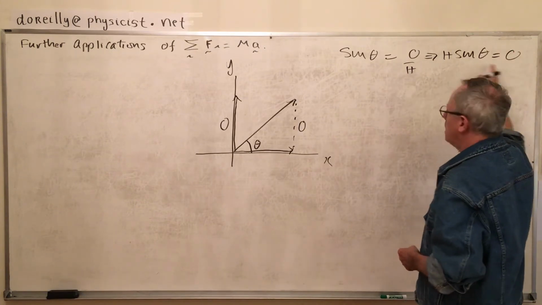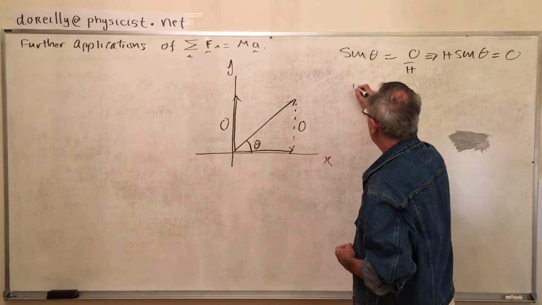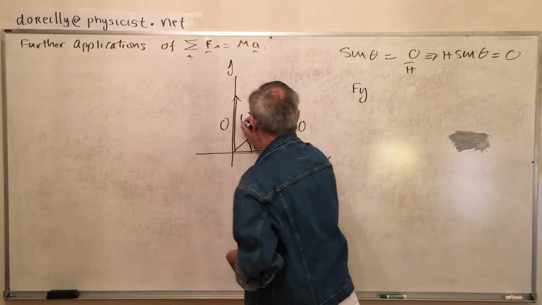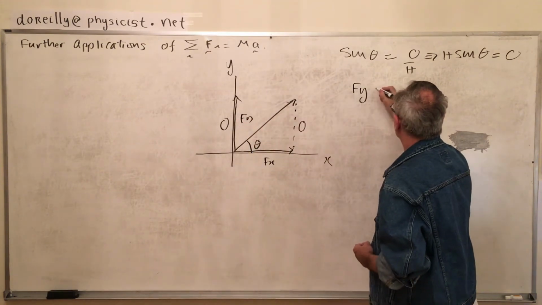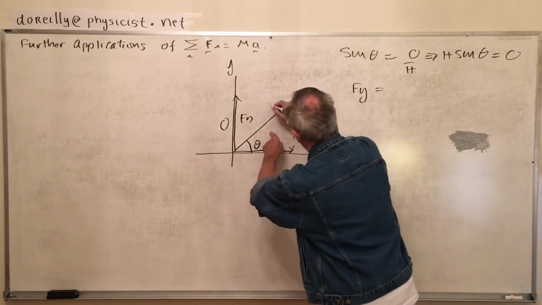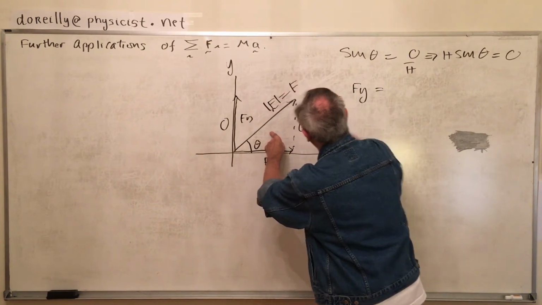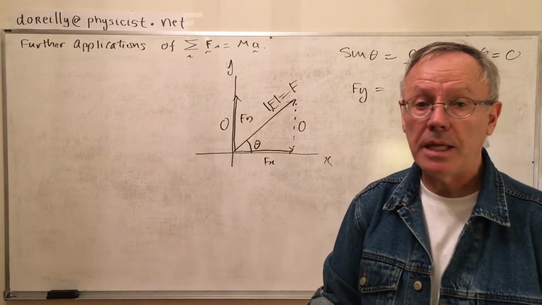H sine theta is going to be the opposite, so we can say that Fy, the y component, and Fx is the x component, is going to be, call this F. The magnitude of this vector is given by Pythagoras' theorem, the square root of Fx squared plus Fy squared.